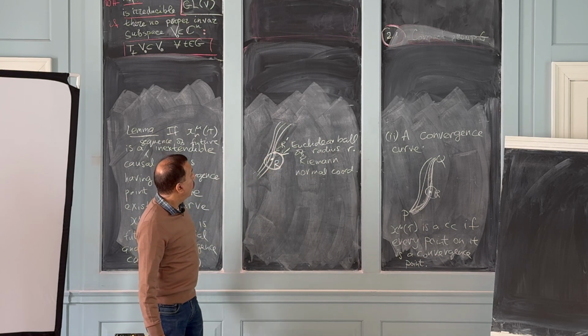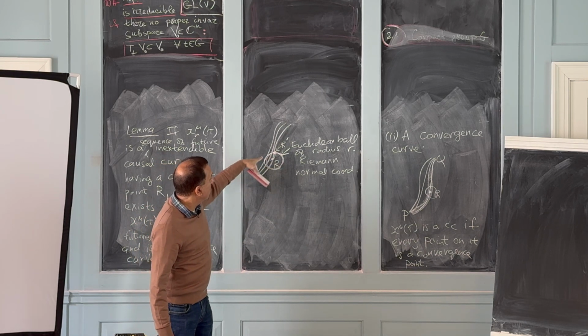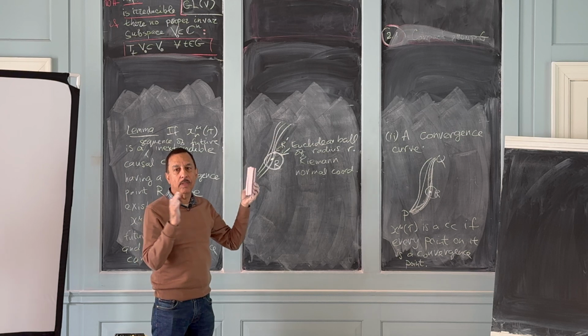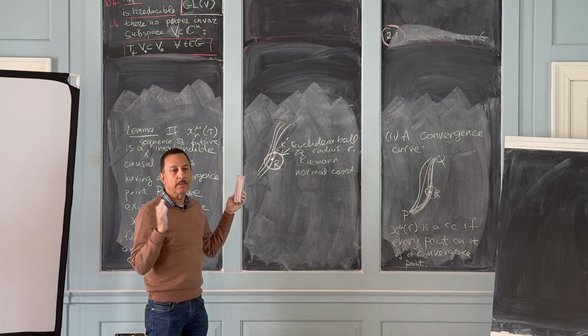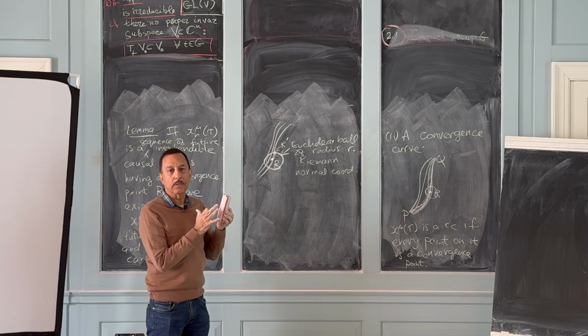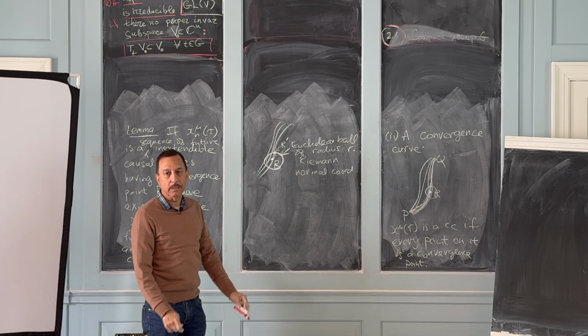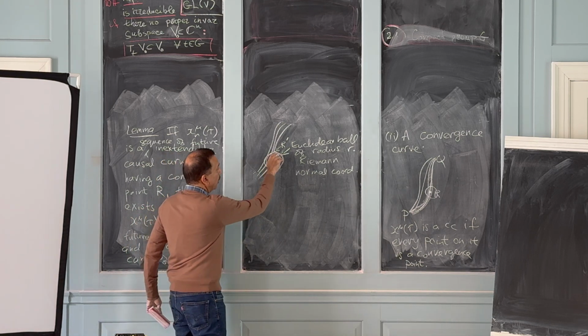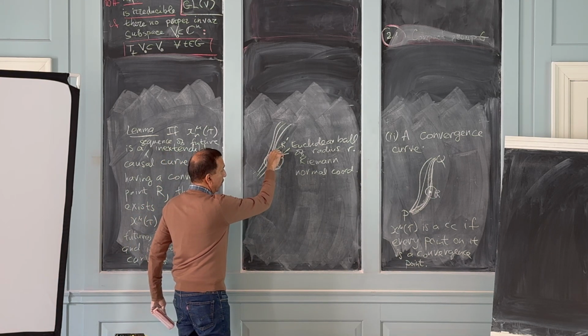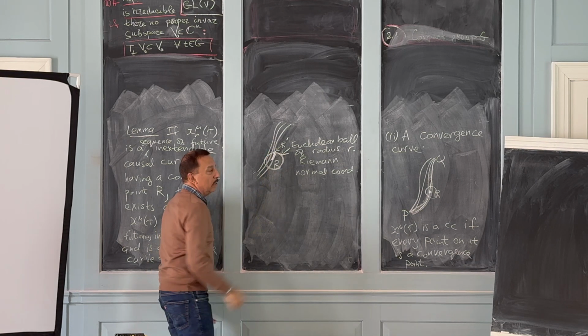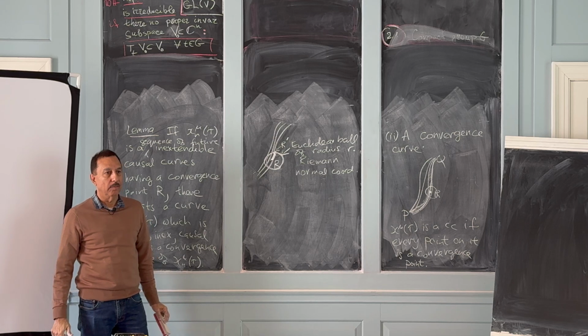Okay, now what I do is I take these balls and I take successive ones that are smaller and smaller in a sequence of rational radius balls, and rational numbers being dense in the reals, I can actually make this intersection point travel closer and closer to R. So I've made this finite piece of my convergence curve.